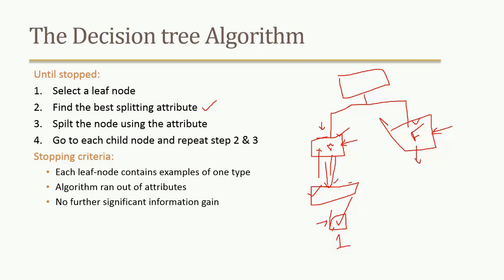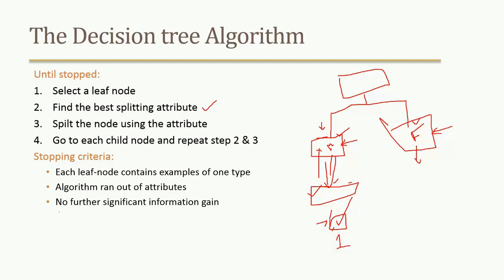Then there is no point in expanding the tree, because we are not actually gaining any additional information from there. So in that case also we can stop. Each node contains examples of one type, our algorithm runs out of attributes, or there is no further significant information gain, then we can stop the decision tree algorithm.